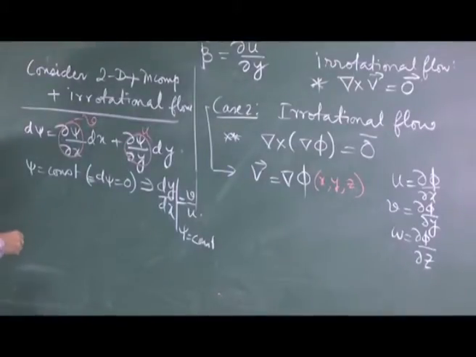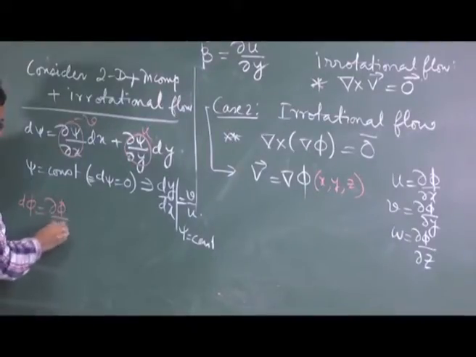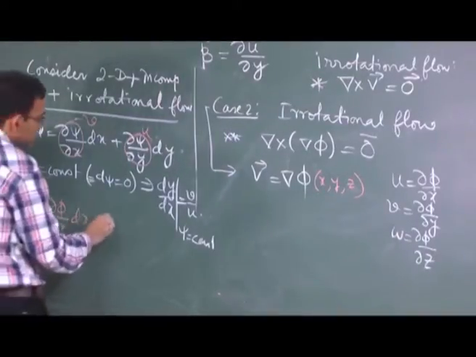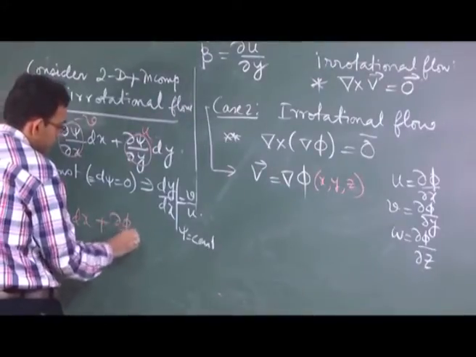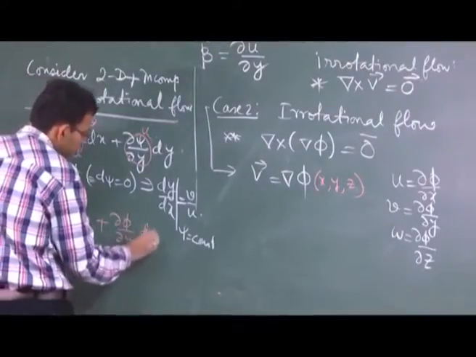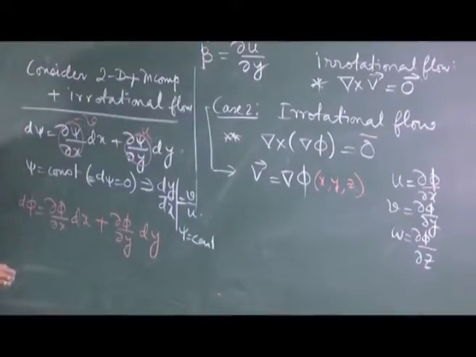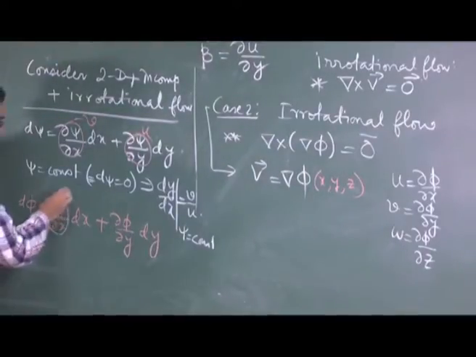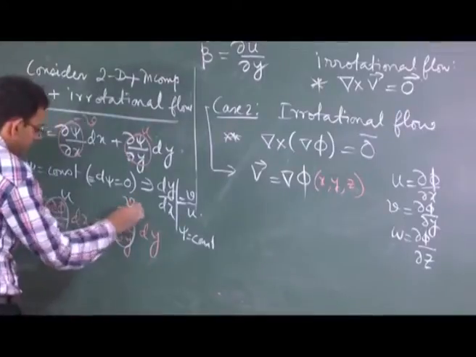For 2-dimensional irrotational flow, phi is a function of x and y, it is no more a function of the third variable. So, d phi, so this is by definition u and this is by definition v.